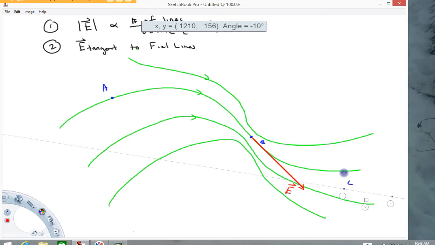It's probably somewhere between these two. Tangent here would be this way. Tangent here is kind of down and right. So the electric field vector at C is probably something like this. Its length, well, it's hard to say exactly, but it's quite a bit less than this for sure. So I'm going to drop it in length quite a bit. So there's an electric field vector at point C.